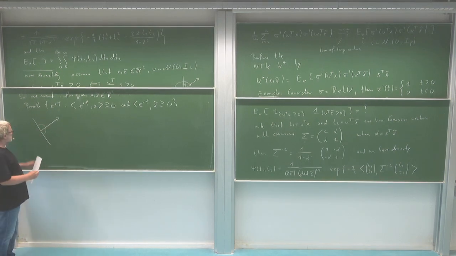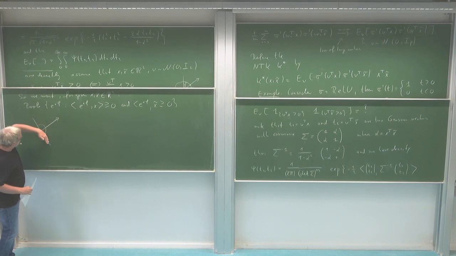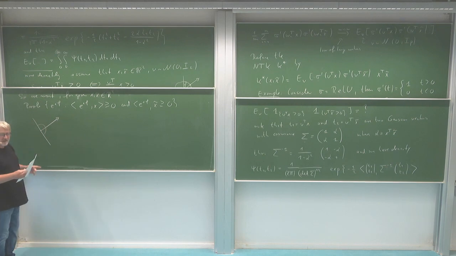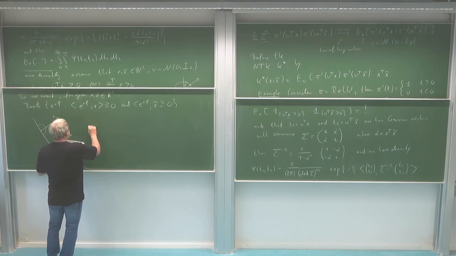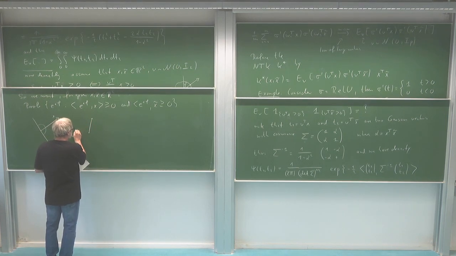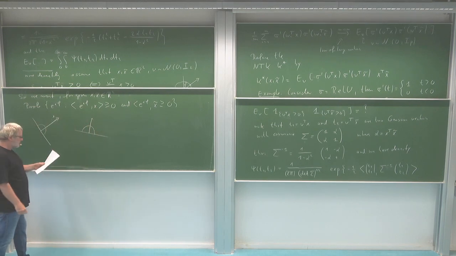If I have a vector within this range, then of course the inner product is positive. If I have it on the other side, it's negative. And I have this for x, and of course I also have this for x twiddle. x twiddle is a different vector which points in a different direction, and for x twiddle, everything in this range is okay.